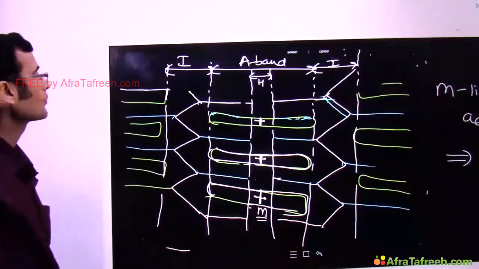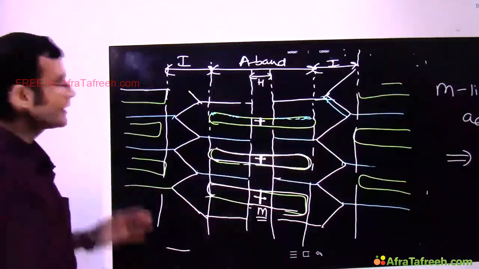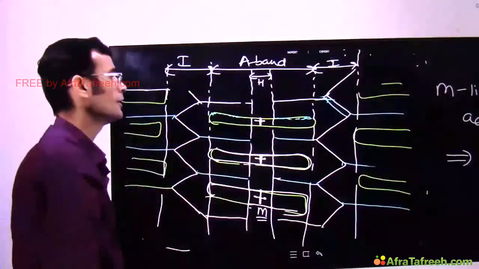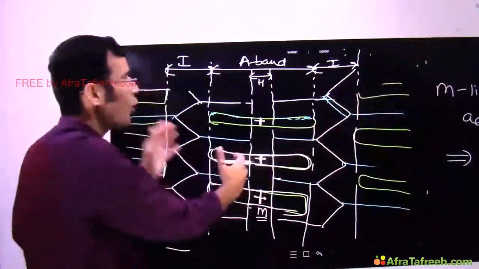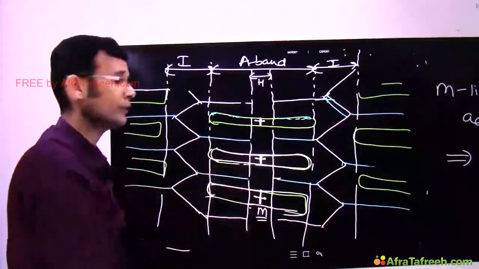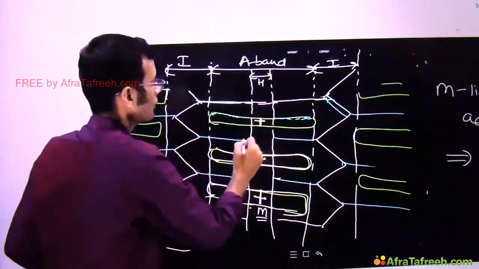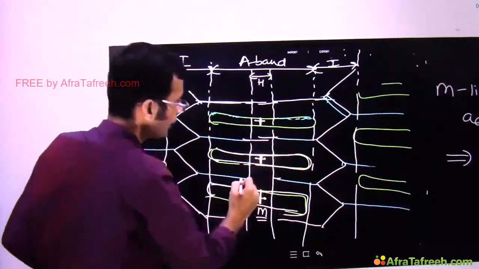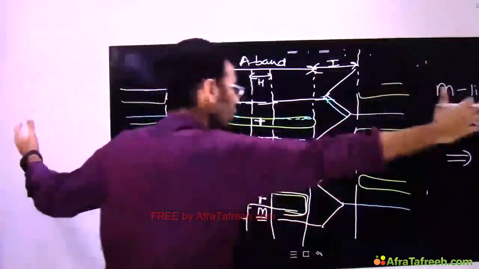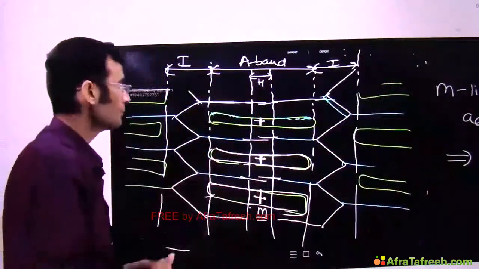Let's see how. When the muscle contracts, the entire fiber will shorten towards the center of the fiber. There will be shortening of all sarcomeres toward the center of the fiber. The Z lines are pulled inward, therefore sarcomere length will shorten.